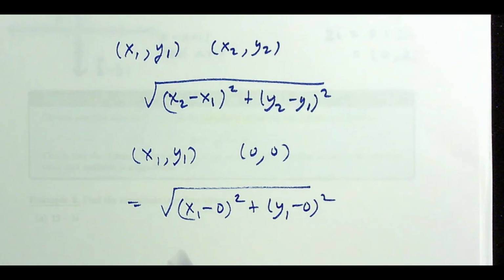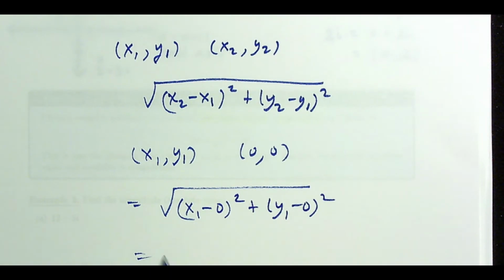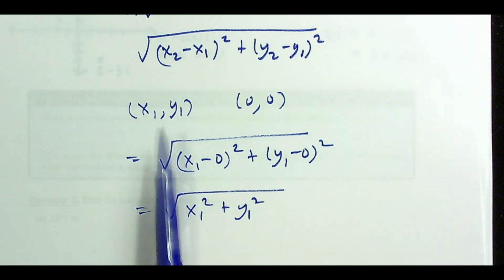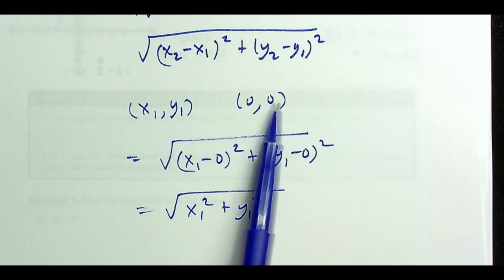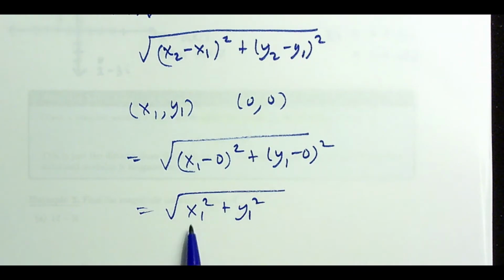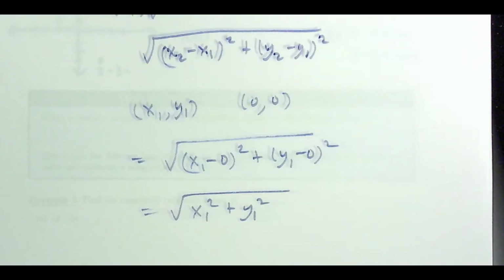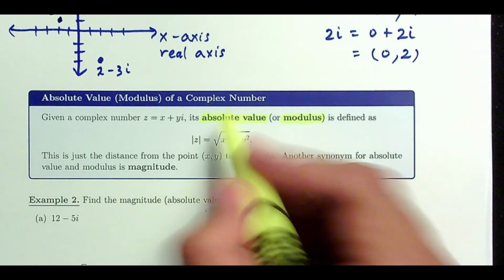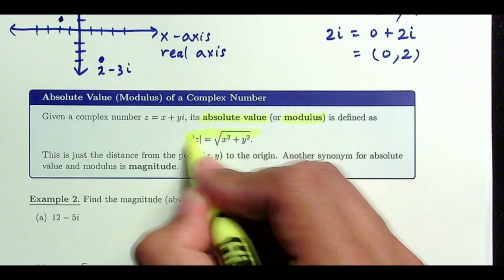Subtract the y's, and if you simplify that, subtracting 0 doesn't do anything. So it would be the square root of the x coordinate squared plus y coordinate squared. If I'm trying to find the distance of a point to the origin, it's just the square root of the x coordinate squared plus the y coordinate squared. So that is the formula right there for finding the absolute value of a complex number.